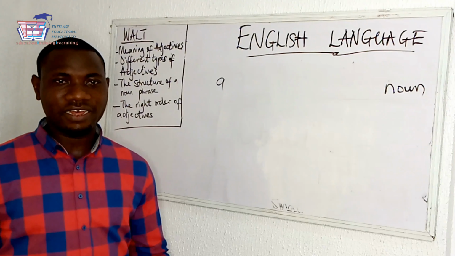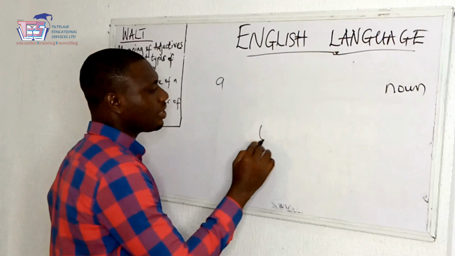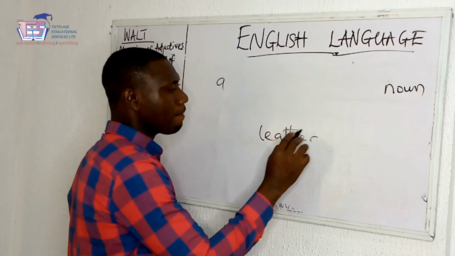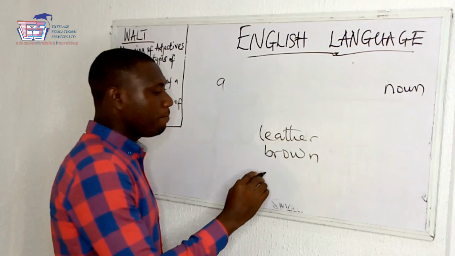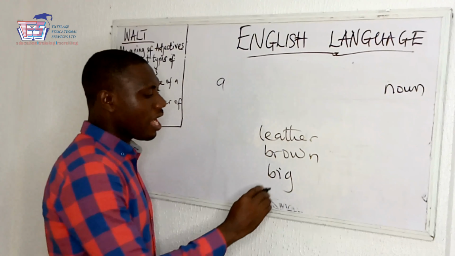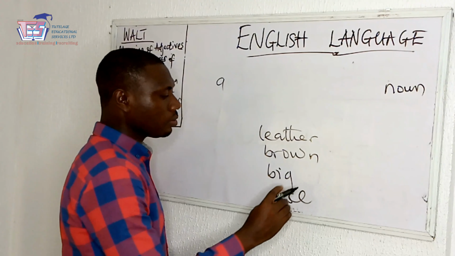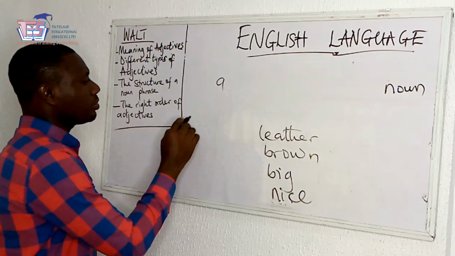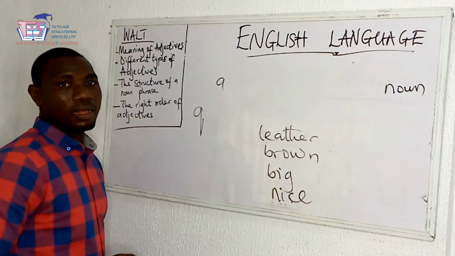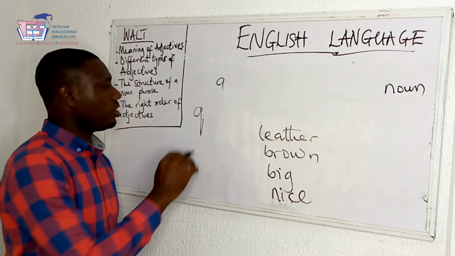Then arrange your adjectives. So if you have things like leather, brown, big, nice, the rule says we should follow this order. Quality comes first.